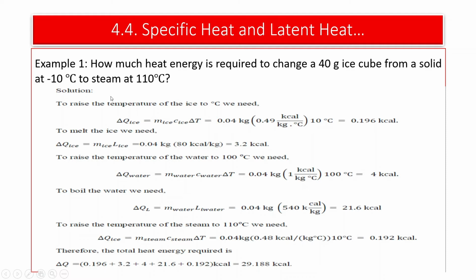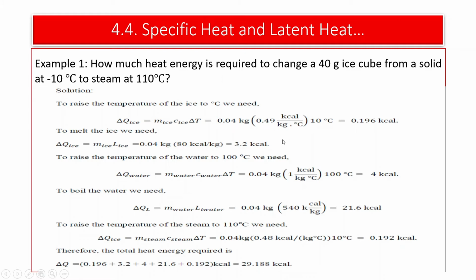Q1 is the energy needed to change from minus 10 degrees Celsius to 0 degrees Celsius. So Q1 is represented by Q of ice, which is mass of the ice, times C, the specific heat capacity of ice, times change in temperature. The change in temperature is from minus 10 degrees Celsius to 0 degrees Celsius. When you change this 40 gram into kilograms, it becomes 0.04 kilogram.